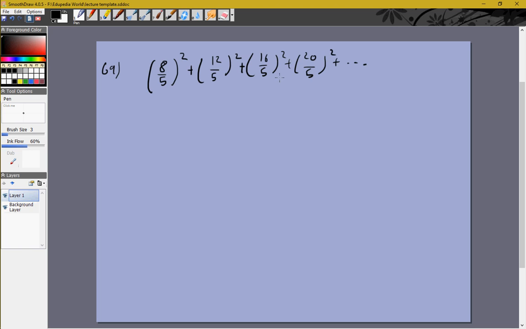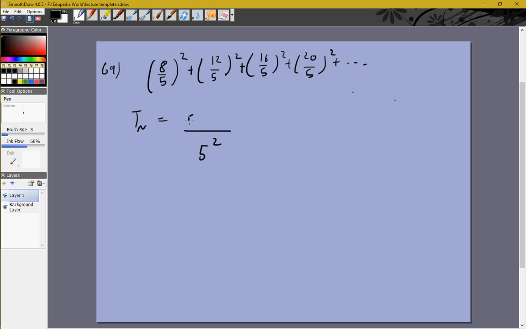If you want to write this in terms of n, what we can do is Tn will be, so they'll be divided by 5 squared in the bottom, then we can see this is 8 squared, 12 squared, 16 squared, right? So this is basically 1, 2 and 3, but actually it's rather 2, 3 and 4 all multiplied by 4.